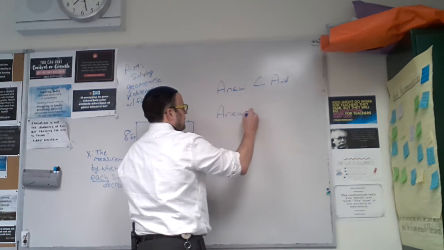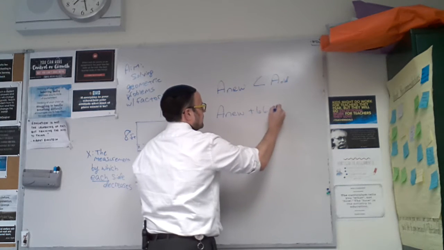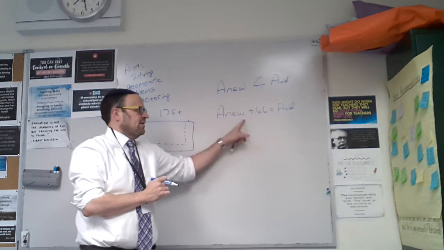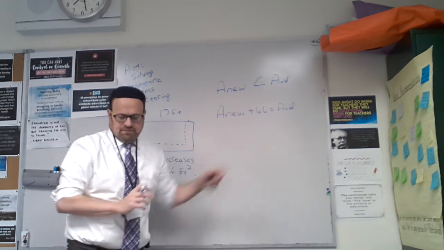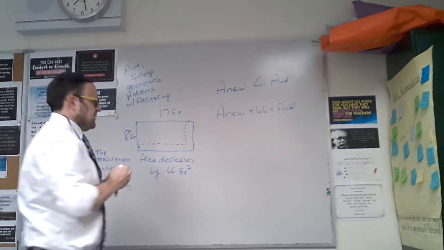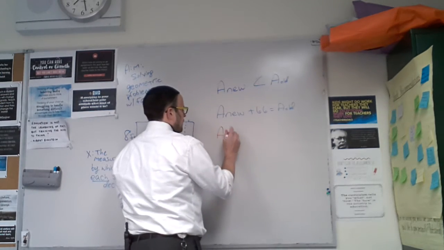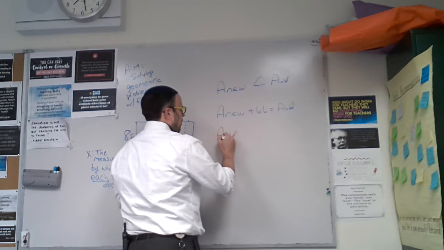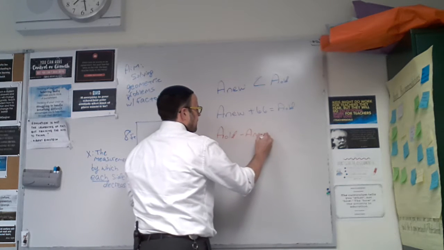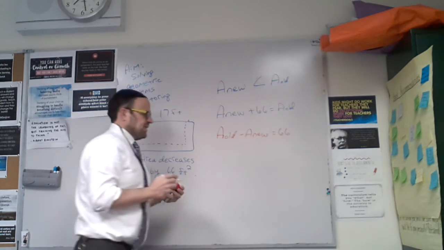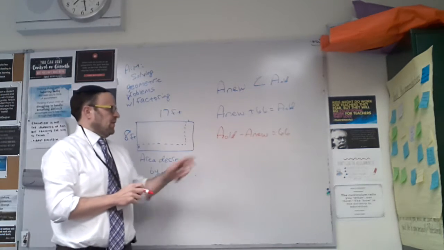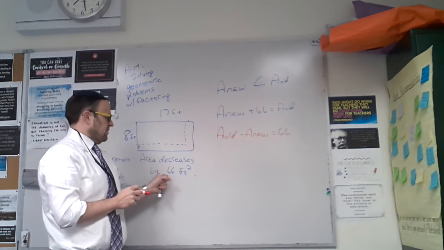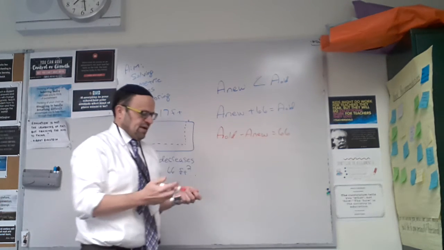So I could say if I put those 66 square feet back, now I'm going to have an equation. Okay, some of you are not going to like to think about it that way, and that's okay. Some of you would prefer to say area old minus area new equals 66. That's fine. Whatever the area was when we started, take away the new area, and there's still 66 left.